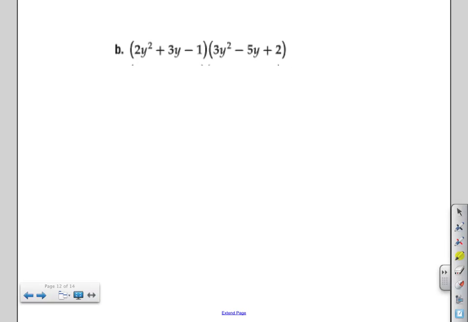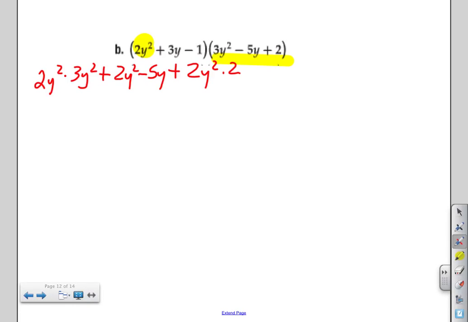We're going to multiply 2y squared first. That's the first one we're going to multiply, and we're going to multiply it by all of these terms. So here we go. I'm going to start way over here. 2y squared times 3y squared plus 2y squared times negative 5y plus 2y squared times 2.